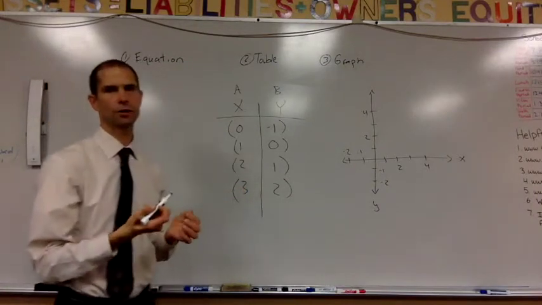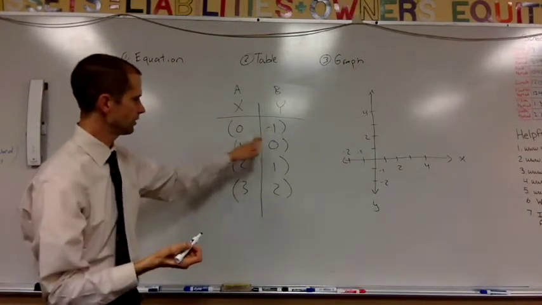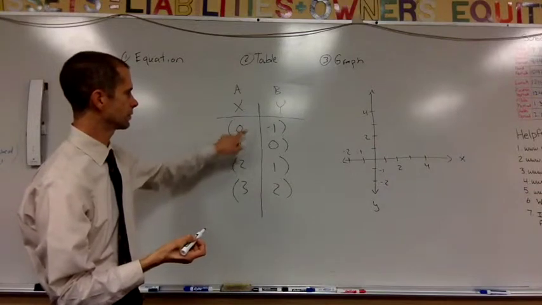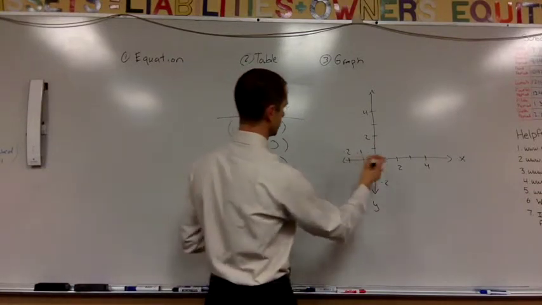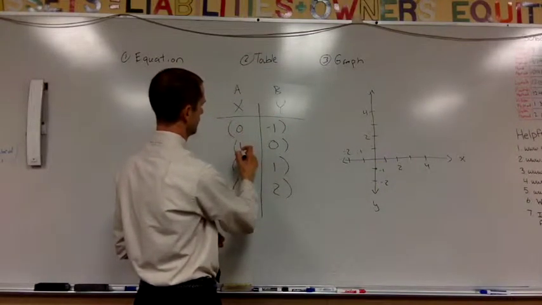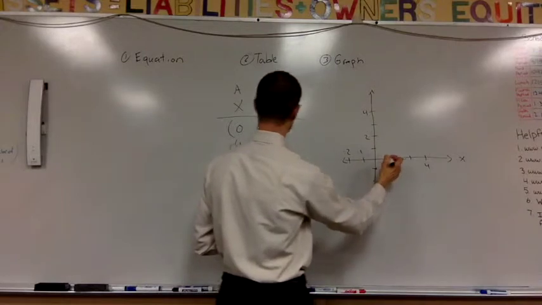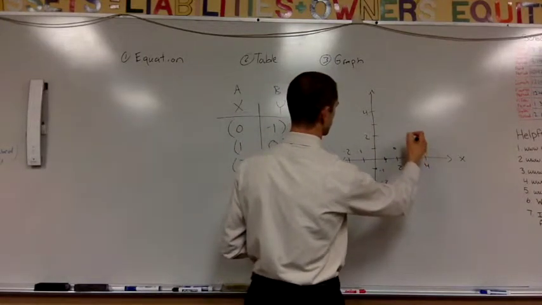And again, we only need to draw the quadrants and enough space on our graph to hold our values. So our first plot is at 0, negative 1. Right here. Then 1 and 0, 2 and 1, and 3 and 2.